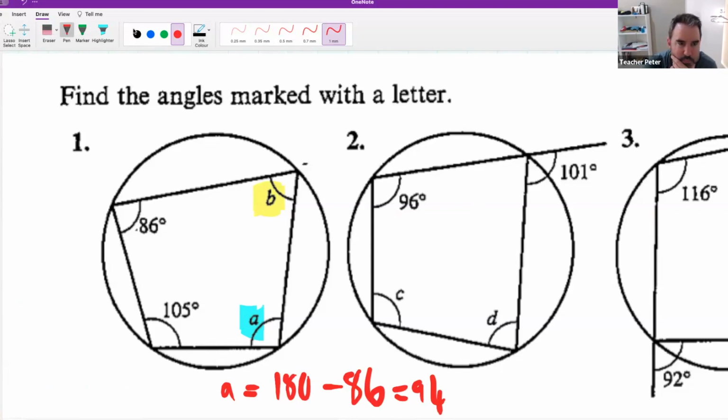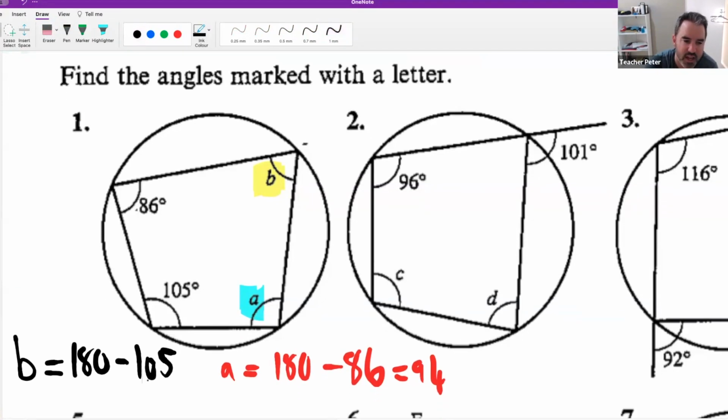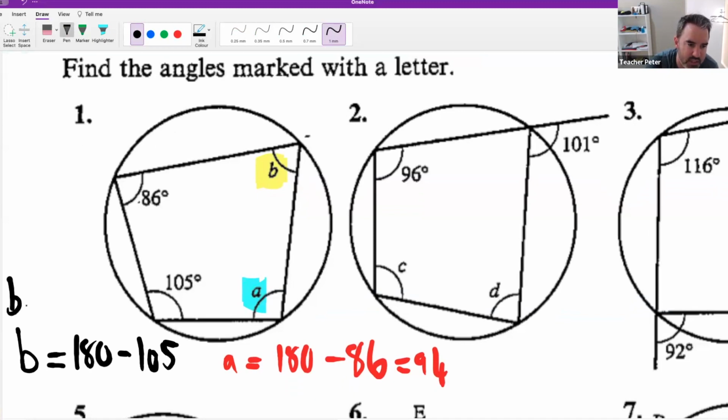What is my B going to be? Well, I think that B, because these two together must be 180, I can just go 180 minus 105. And that means that I'm going to get B is 75 degrees.